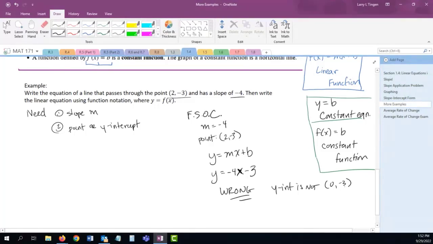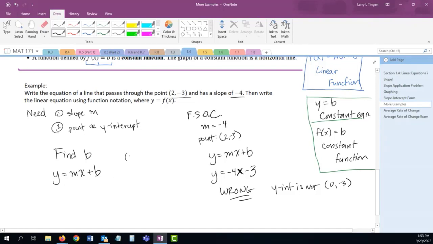Because when I get -3, I plugged in 2, so I can't use that. All right. So what do I need to do? I need to find b. So I got y equals mx plus b. If I have a point and I have the slope, I can plug all of the information in and then find whatever's left over.